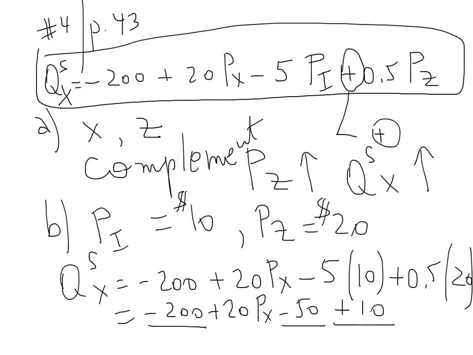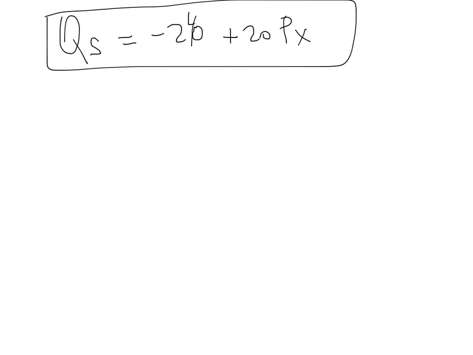Moving on to the next page, the final equation is going to be Qs equals minus 240 plus 20 px.